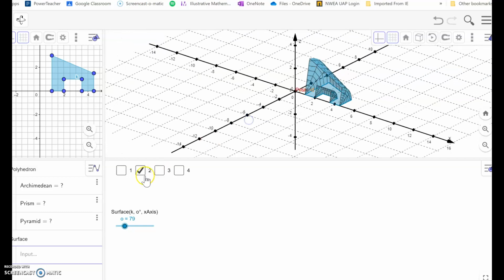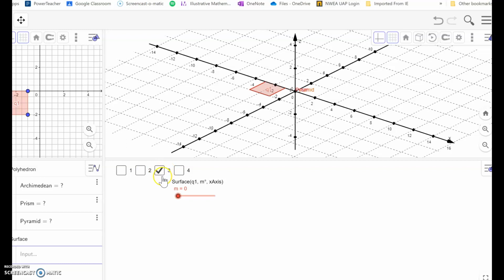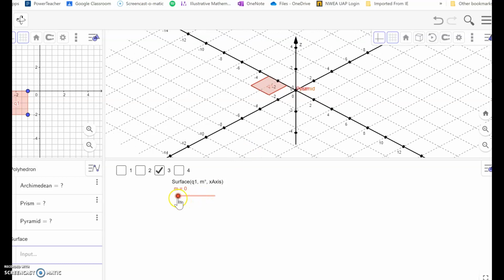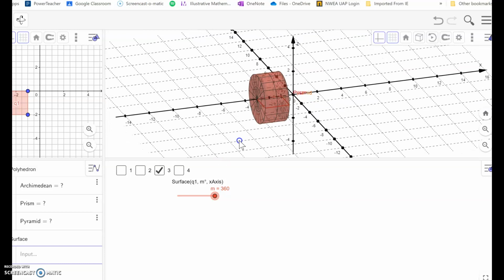Figure 3. What's going to happen when I rotate this figure around the x-axis? Well, I think that this is just going to become a cylinder. There we go. We rotate around the x-axis, and notice that just became a cylinder.